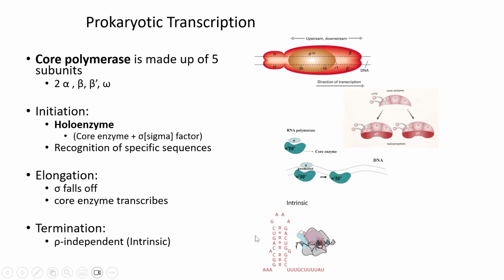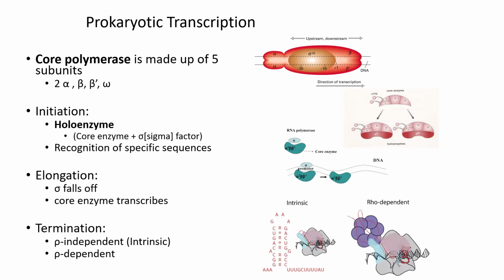And once it hits the sequence, it ends up stopping the entire process of transcription in prokaryotes. Sorry, this is rho independent, this is rho dependent. So it kind of comes in and stops it in its tracks like this.